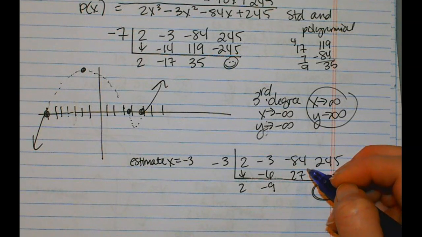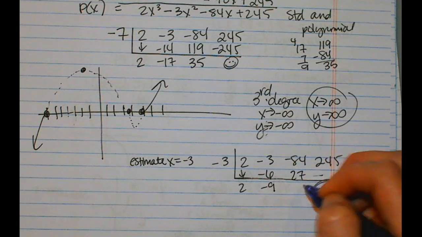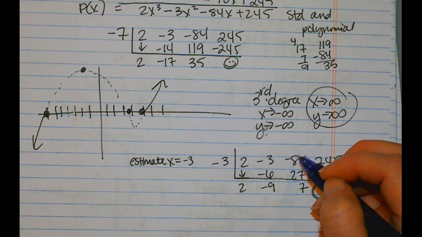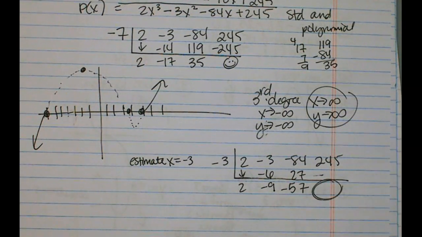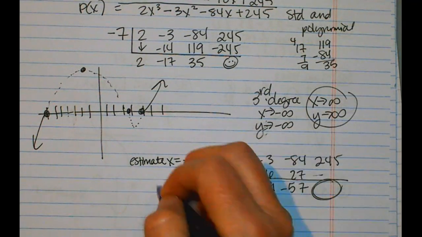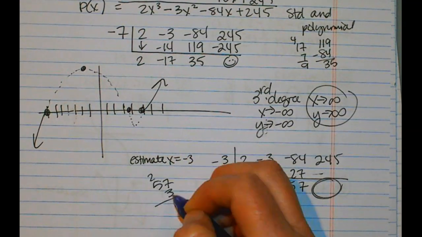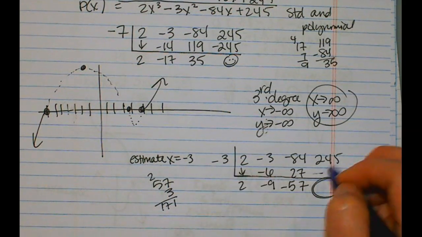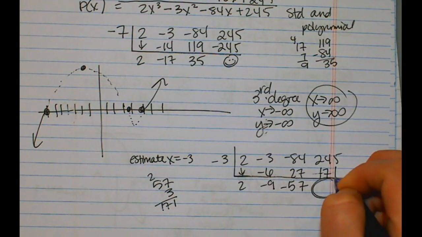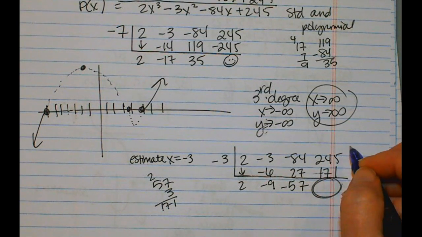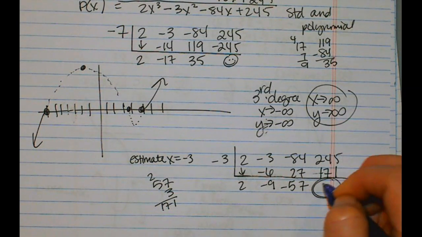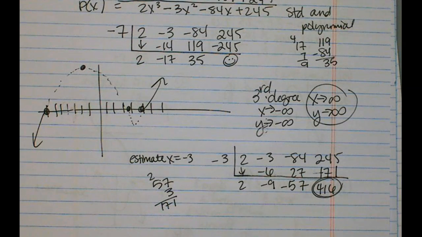Somebody subtract that. 7 minus 2 is 5. Okay, -57 times 3. No, 21, 2, 15. So 17. 171. And it's positive. So that's 300, 416.